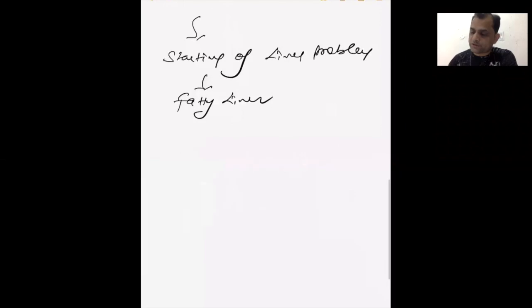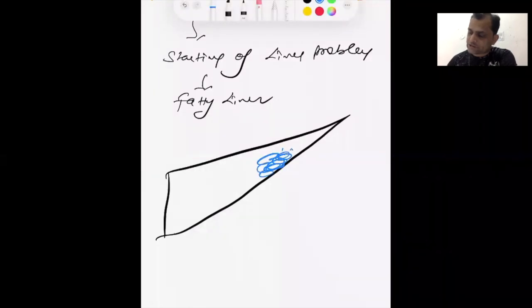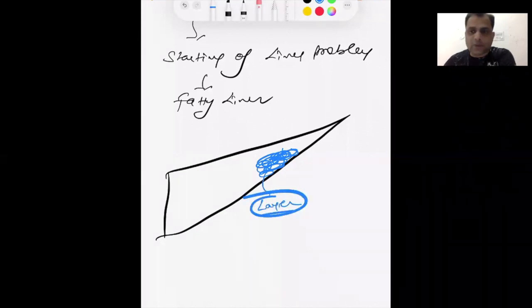What is fatty liver? In the liver cells, there is deposition of fat cells, and these fat cells make a layer, and that part is covered by fat and not working properly, not doing metabolism properly.